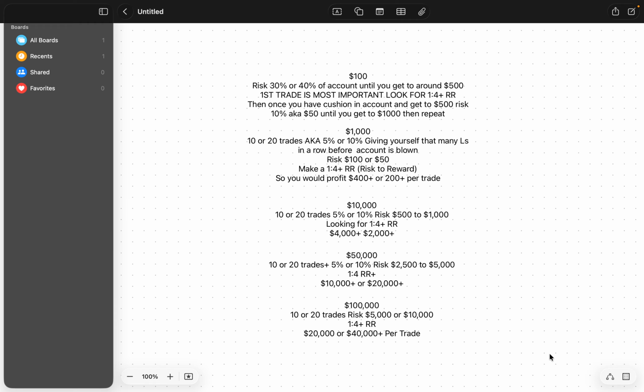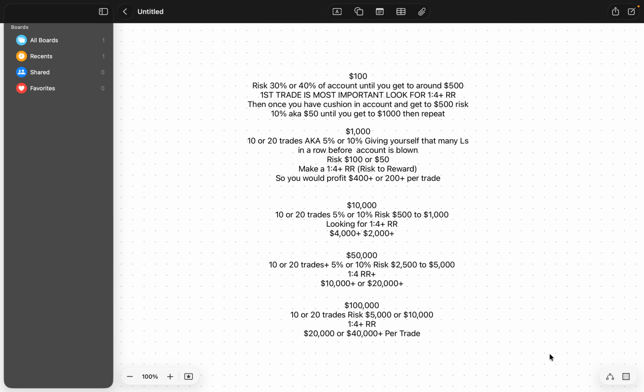Because if you choose to risk less percentage-wise, 1% of 100,000 is $1,000 a trade. If you get a 1 to 3, 1 to 4 plus, you're making $3,000 or $4,000 a trade, meaning $3,000-$4,000 a day or every other day, depending on how many good setups you take.